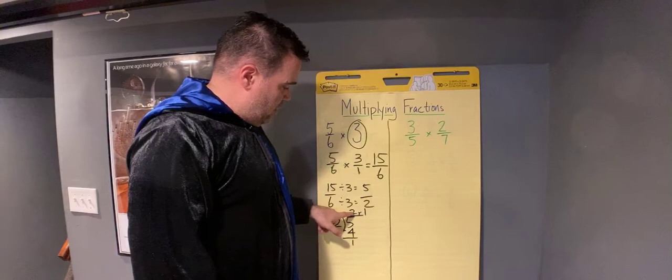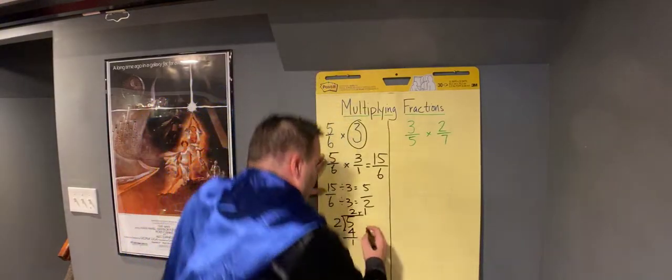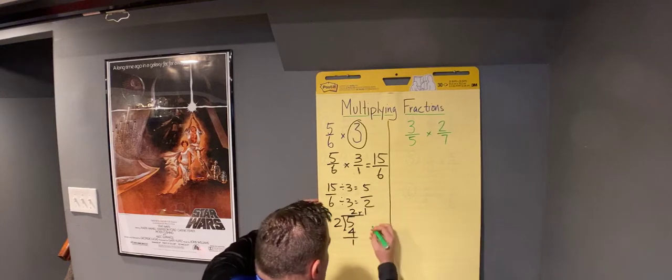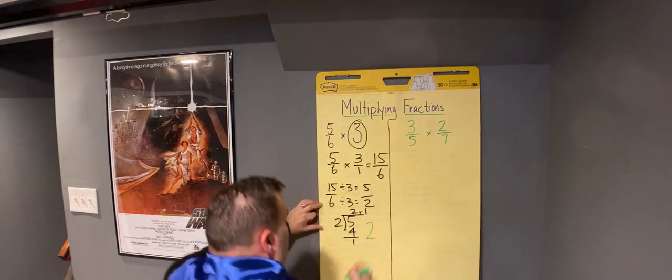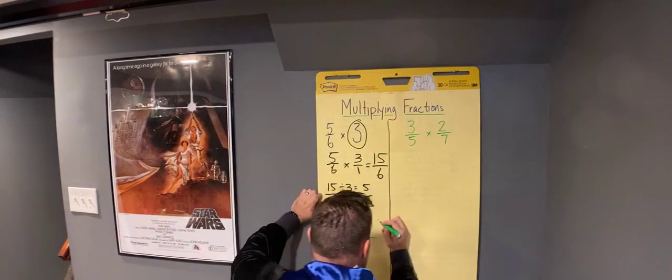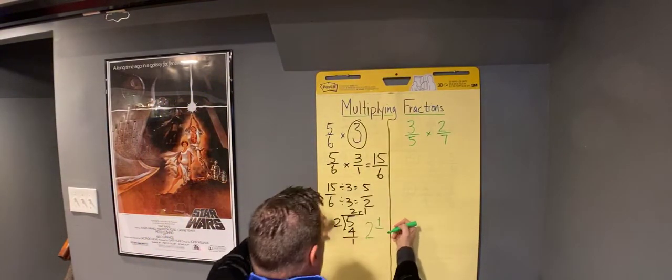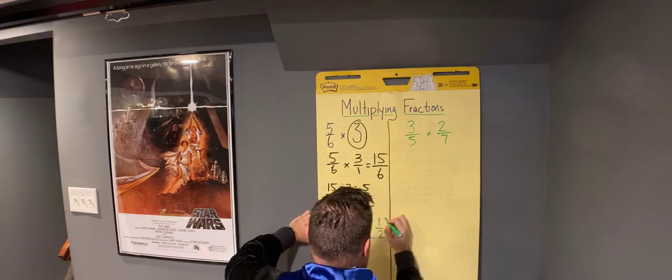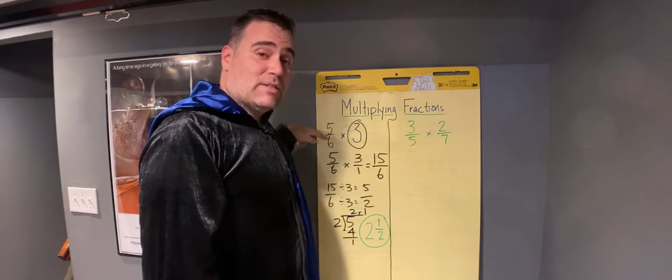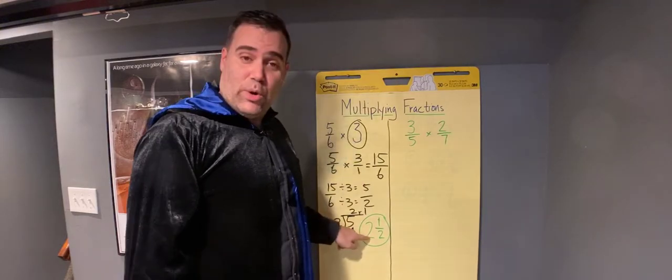So the quotient becomes our whole number, 2. The remainder becomes our new numerator, 1. And the denominator stays the same. So our answer to 5/6 times 3 is 2 and 1/2.